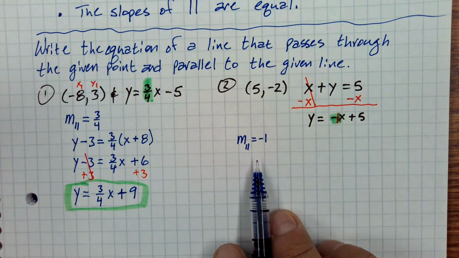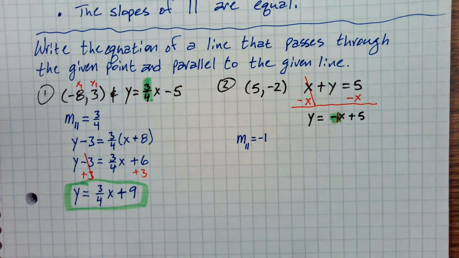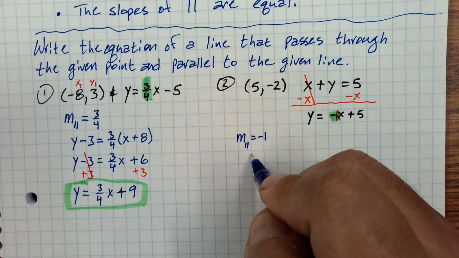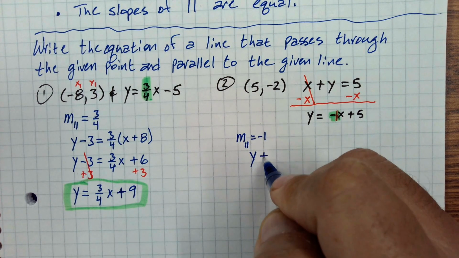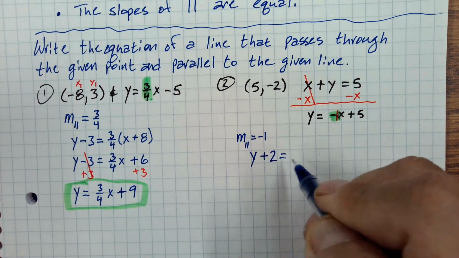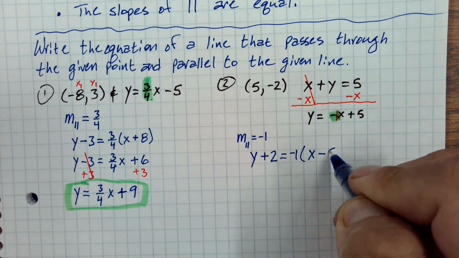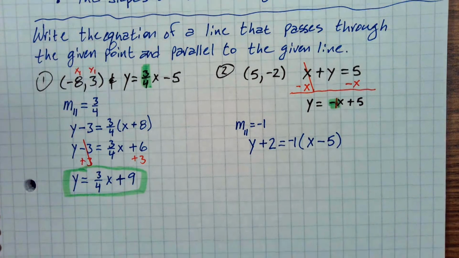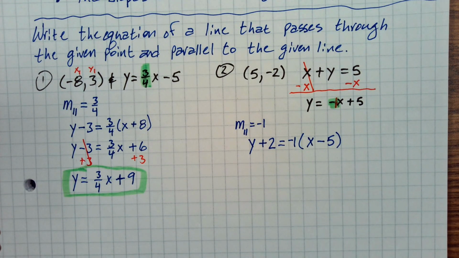I have a point, and I have the slope I want, negative 1. We can plug it in, like we did before. So y plus 2 equals negative 1, parentheses, x minus 5. We had to go that little extra step, rewrite it in slope-intercept form, in order to get to this point.